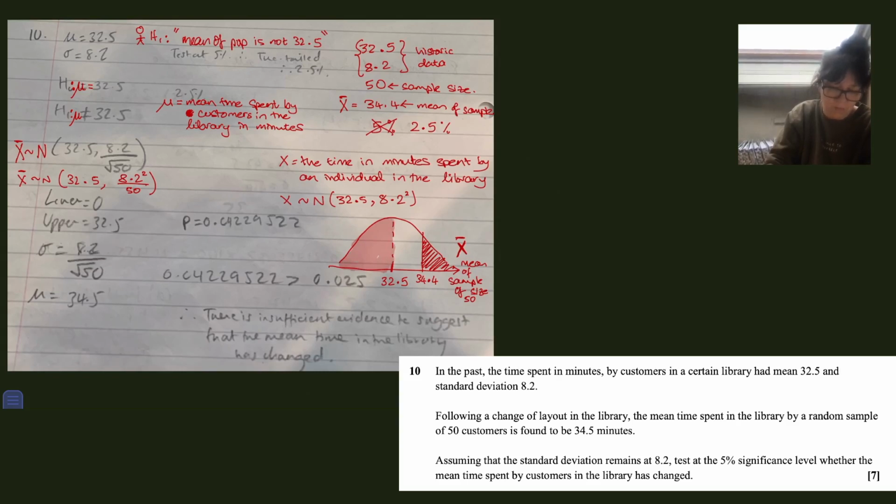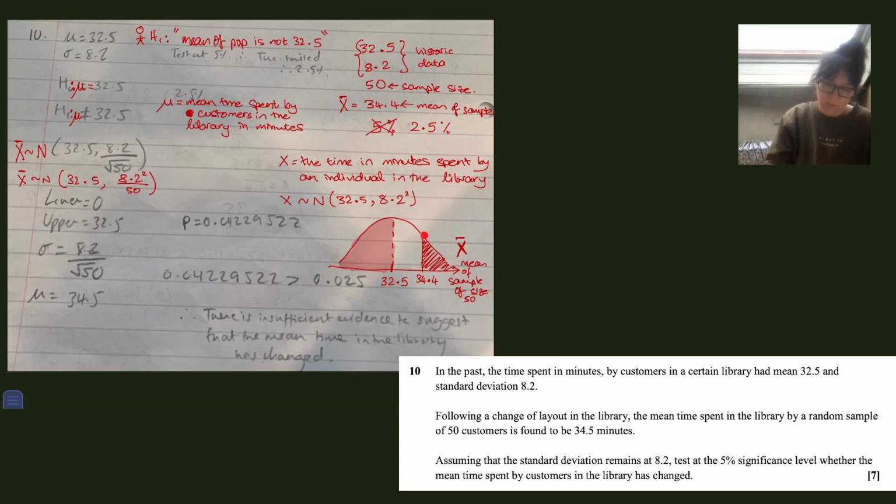Because that will be a half. Oh wait, no, look what you've got here. You're saying that the mean is now 34.5, not 32. You're saying that you've got a distribution with a mean of 34.5. We haven't got that at all.